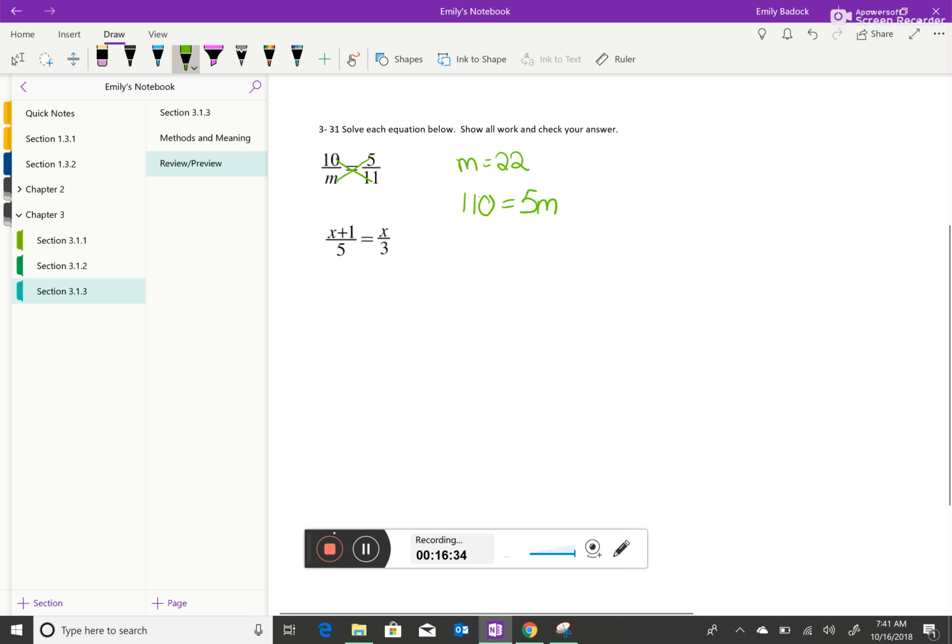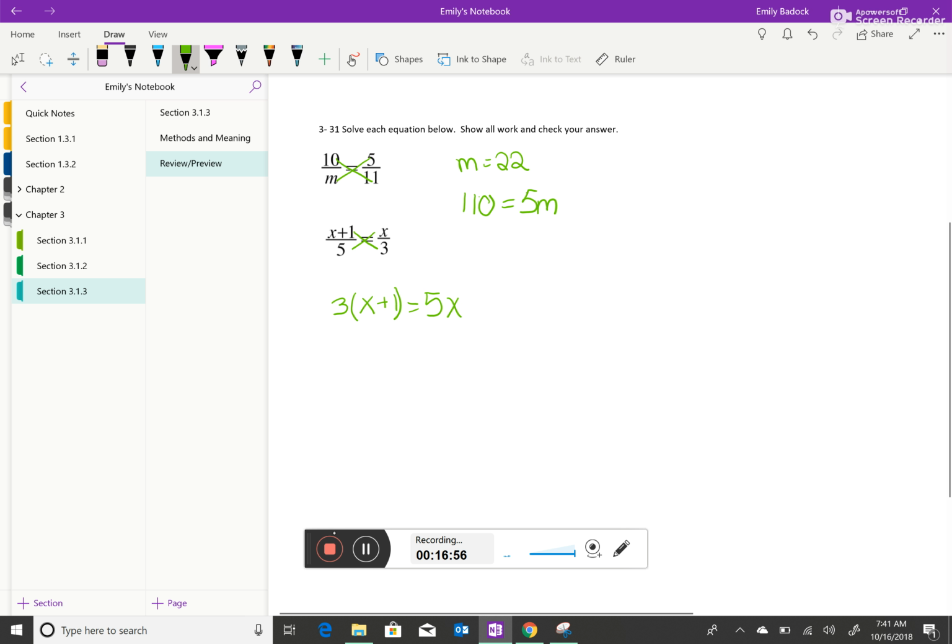This one is a little bit more complicated. You got a little bit more work here. So what I'm going to do is I'm going to set up my cross multiplication here. So I have 3 times x plus 1 equals 5 times x. Now it's just an equation. You guys know how to solve equations. You guys all passed Algebra 1.